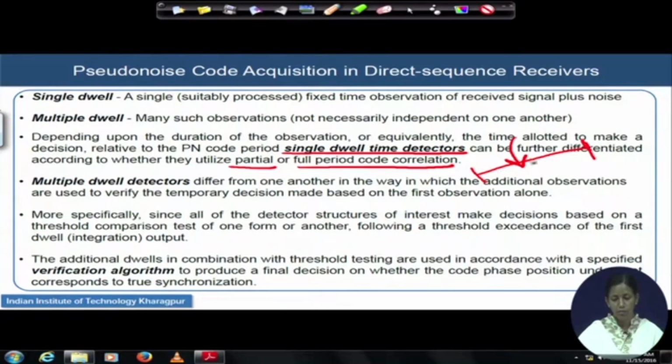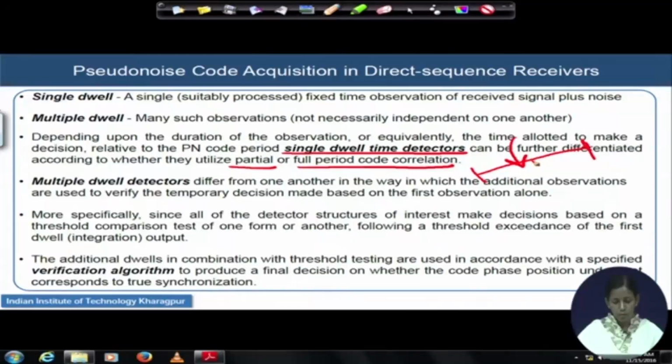In the single dwell time, you can run the correlation over the whole period of the code acquisition and take a decision. If you can detect the phase very nicely, then in the second dwell time you can reduce the length of the correlation period. Hence, that is a multiple dwell going on, but the period of the correlation is not the same for the single and the multiple, and that decision is based on the observation of the first dwell time, whatever estimation of the phase you are getting.